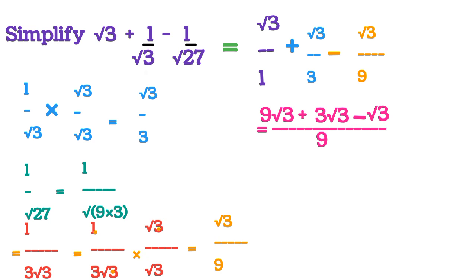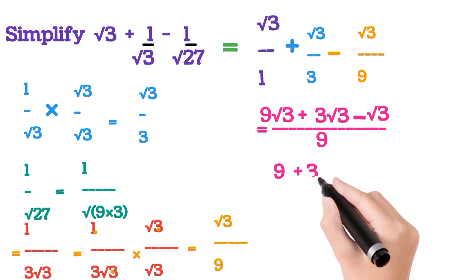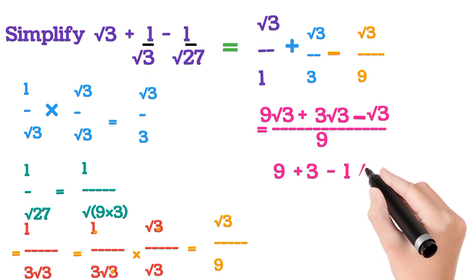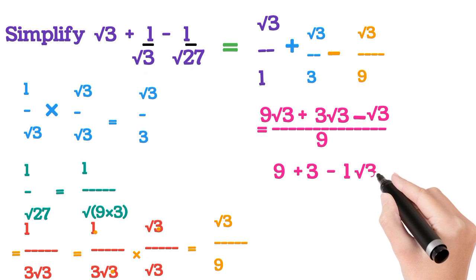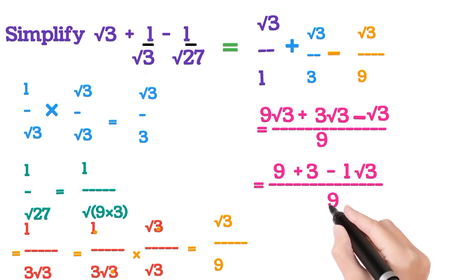Then 9 divided by 9 is 1. 1 times square root of 3 is, minus 1. So we now have 9 plus 3 minus 1 square root of 3 over 9.